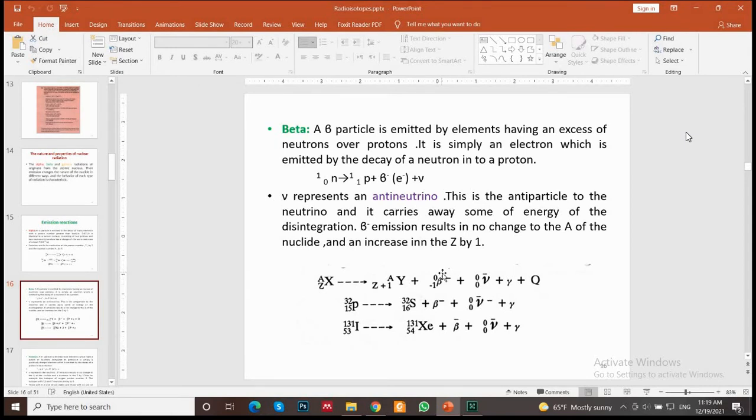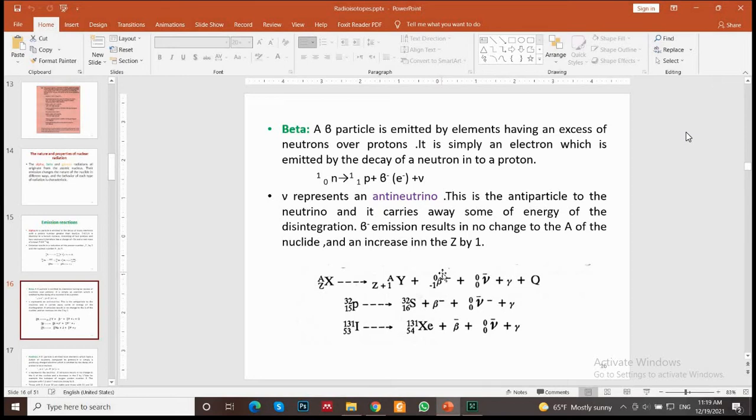Again, I say when the number of neutrons is higher than the protons, by converting the neutron to a proton, an electron with minus one unit of charge can be created. This electron with negative charge is named a beta particle. As you see in this equation, when a neutron is converted to a proton, an electron particle is produced.